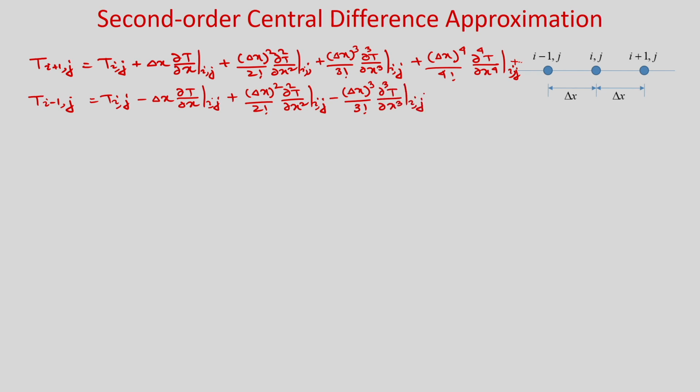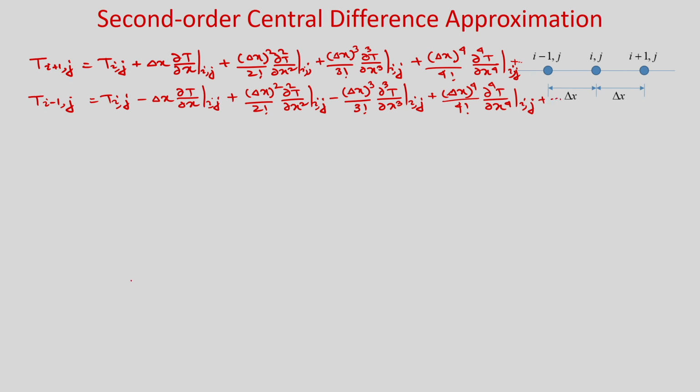In this case, you can see that we are putting delta x equal to minus delta x. So, we are writing the Taylor series expansion, and you can have the higher order terms.